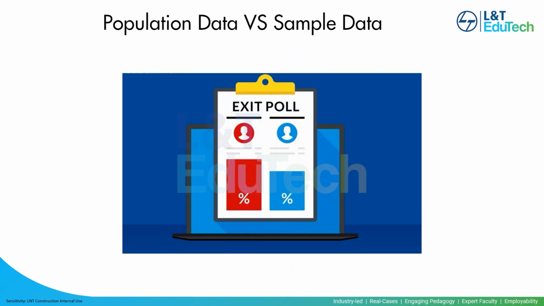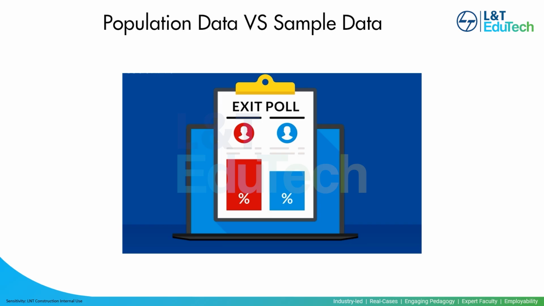A common example in the real world is the election exit poll. Surveyors don't ask every voter in the country whom they will vote for. Instead, they take a small sample of voters and use that to predict the overall result.